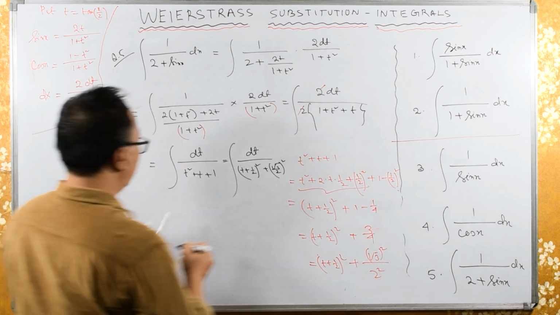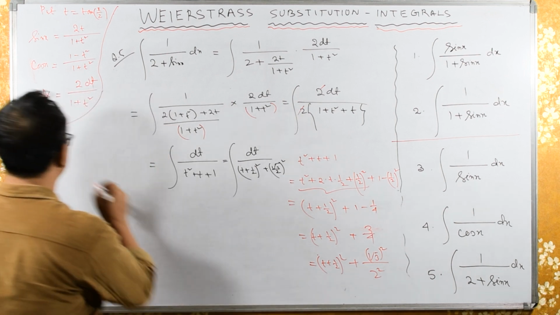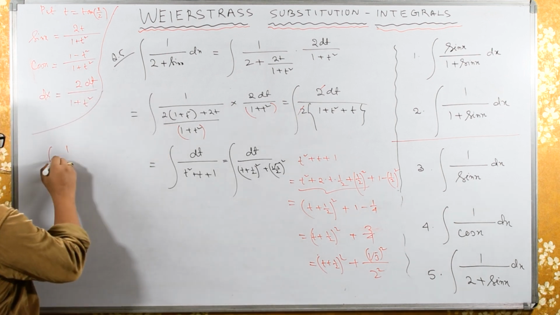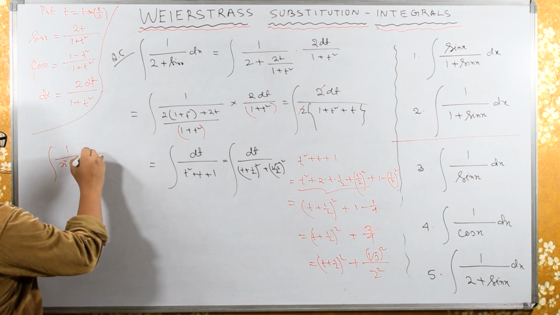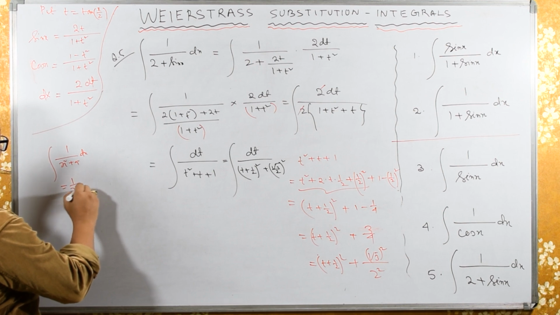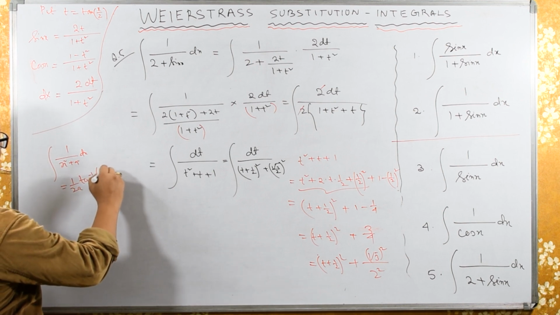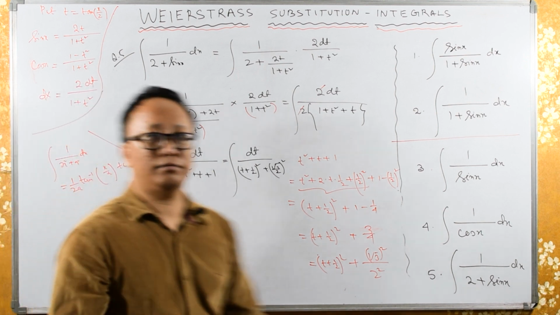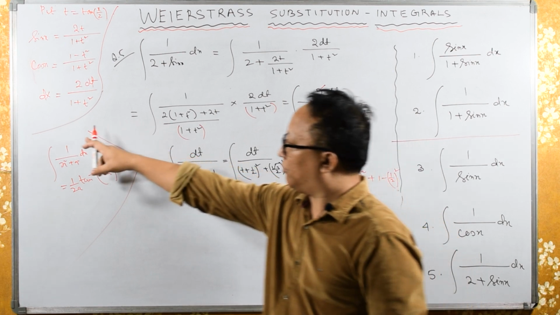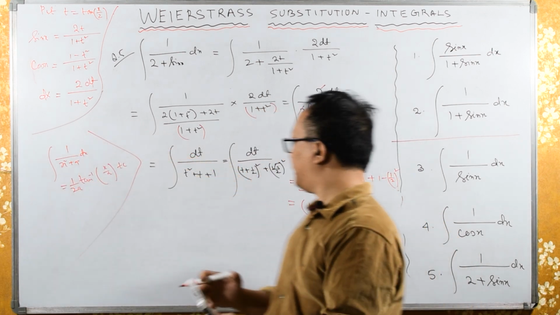Remember the x square plus a square formula: the integral of 1 upon x square plus a square dx is 1 by 2a... actually 1 by a tan inverse x by a plus constant.